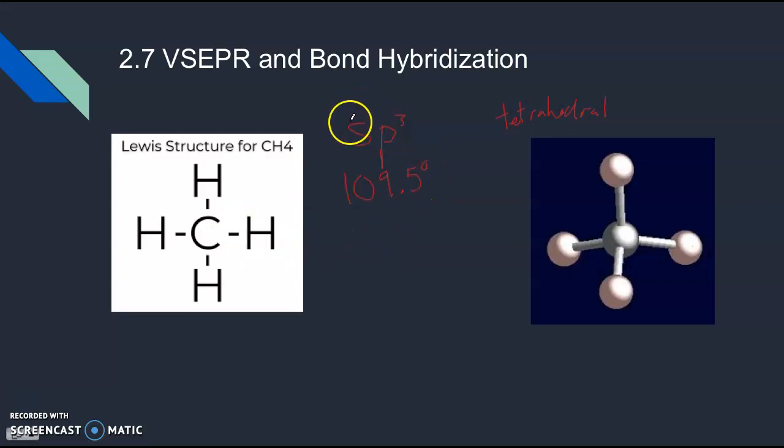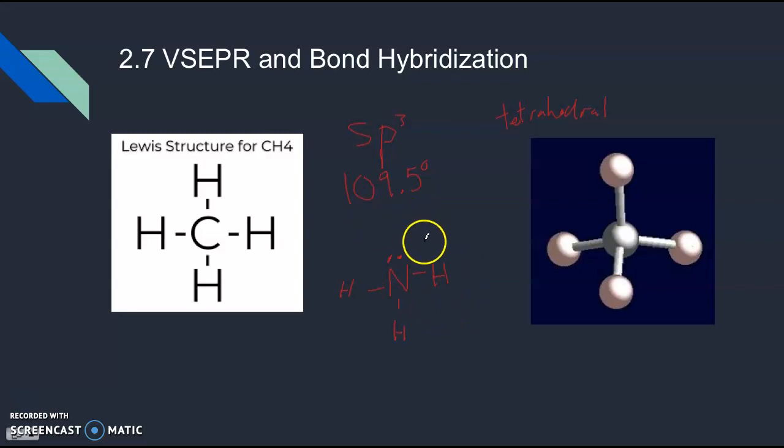Now, along with this sp3 hybridization, when you have four bonds, it's called tetrahedral. But in the case of something like NH3, you have three bonds, like so, and a lone pair. This is still considered sp3 hybridization, but this shape is called trigonal pyramidal.